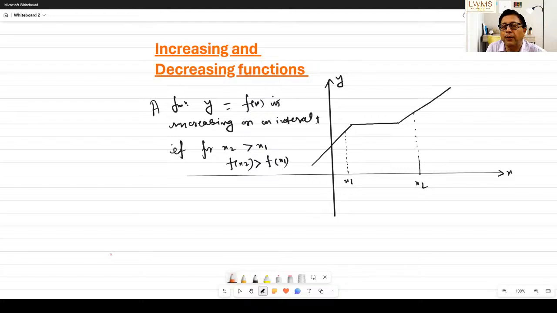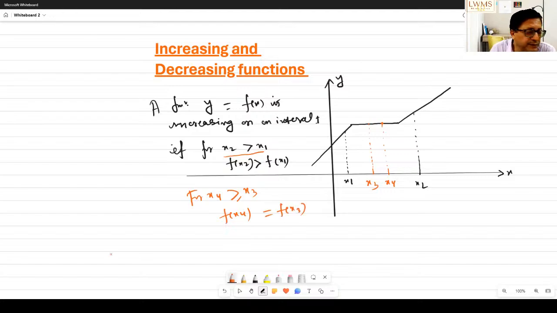I told you this is the graph of an increasing function. By this definition, at every point this is not valid. If we take 2 points here, say x3 and x4, for x4 greater than or equal to x3, f(x4) is going to be equal to f(x3).